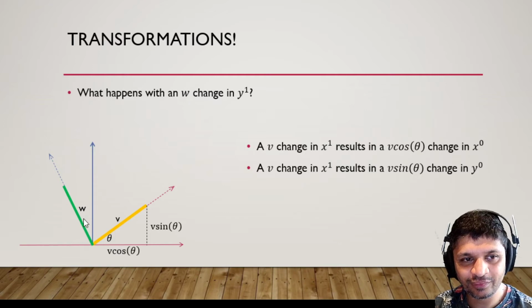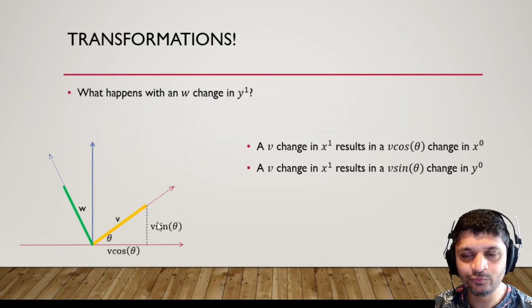So if we moved w along y1, how much would we be moving along y0, and how much along x0? Pause the lecture here and see if you can work out what changes in x0 and y0 will result from this w change in y1.